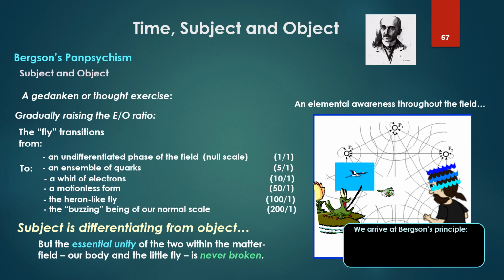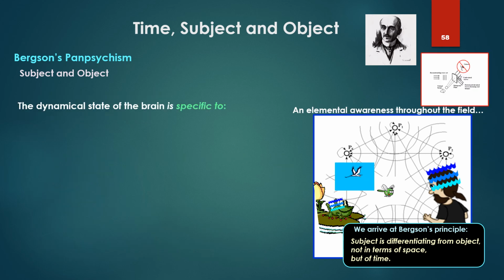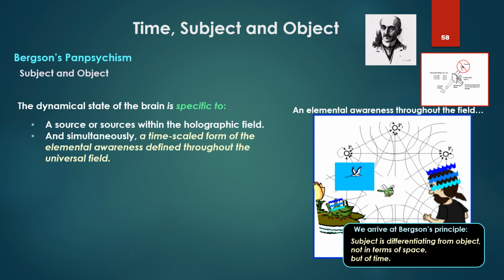So we arrive at Bergson's principle. Subject is differentiated from object, not in terms of space, but of time. The dynamical state of the brain is specific to a source or sources within the holographic field, and simultaneously, then, to a time-scaled form of the elemental awareness defined throughout the universal field.